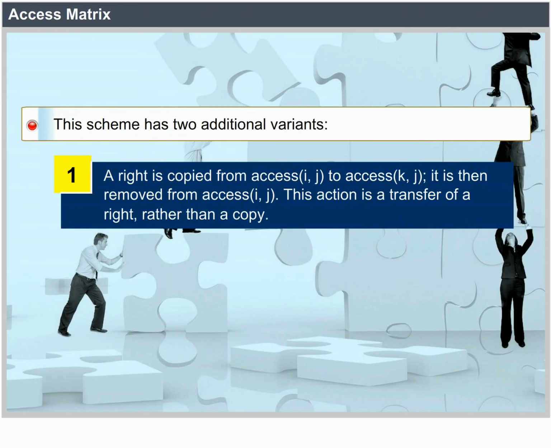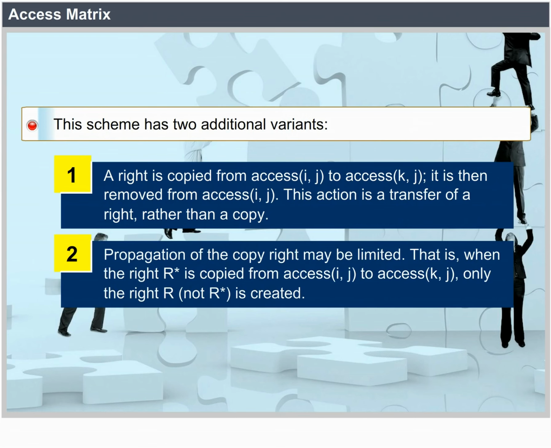A right is copied from access(i,j) to access(k,j). It is then removed from access(i,j). This action is a transfer of a right rather than a copy. Propagation of the copy right may be limited. That is, when the right R* is copied from access(i,j) to access(k,j), only the right R, not R*, is created.